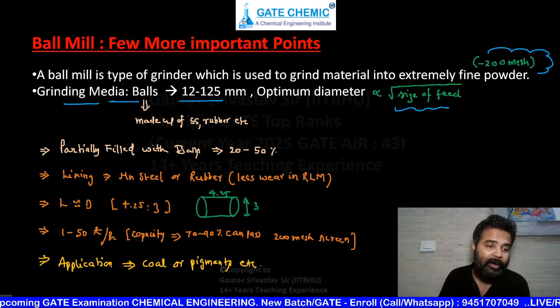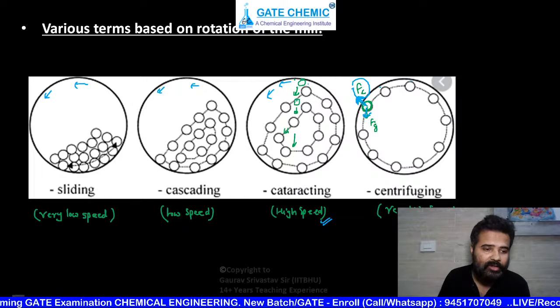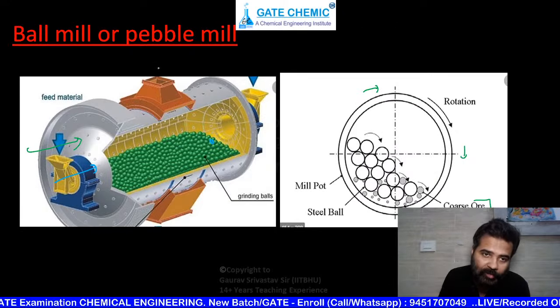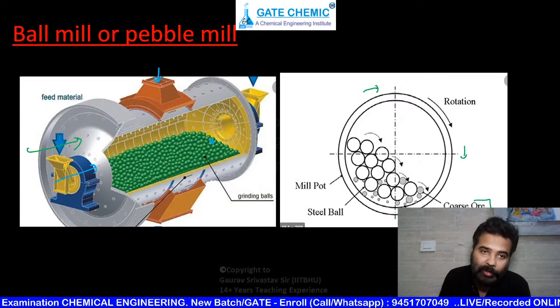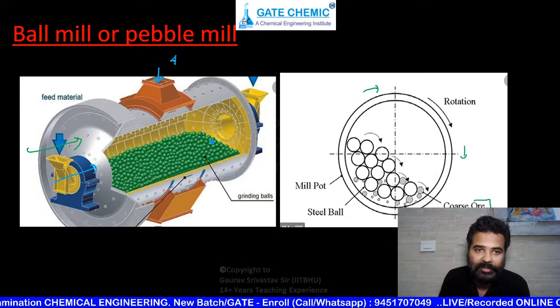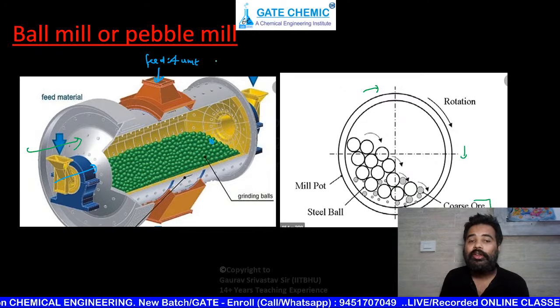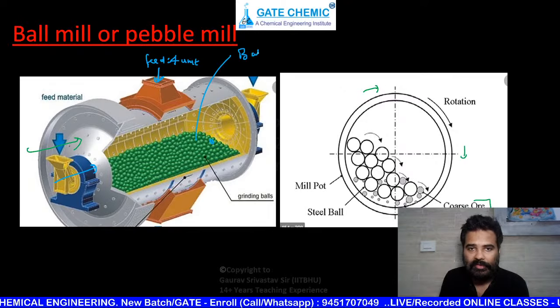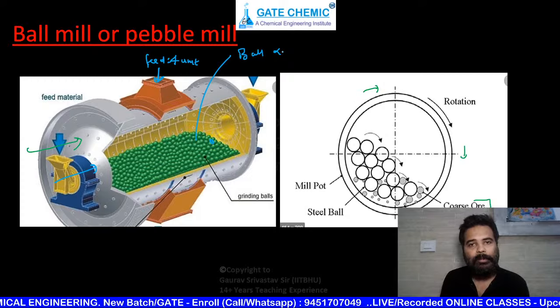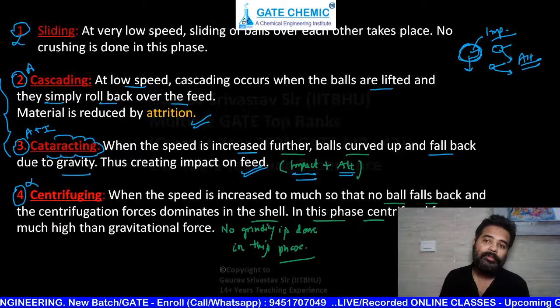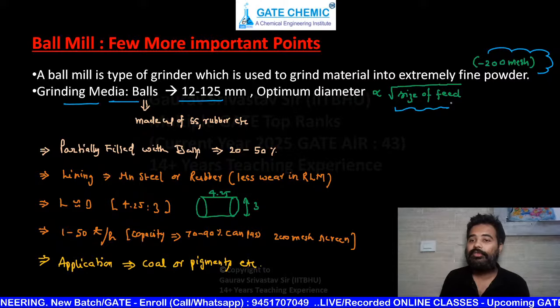The balls you are filling in here, these balls partially filled, what will their size be? It depends upon the feed size. If the feed size is 4 units, then the ball size is nearly proportional to the root of these 4 units.